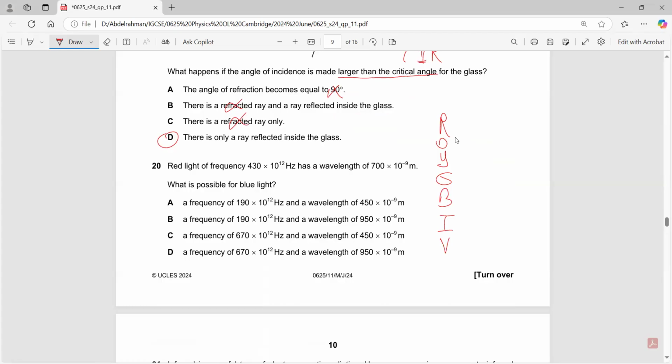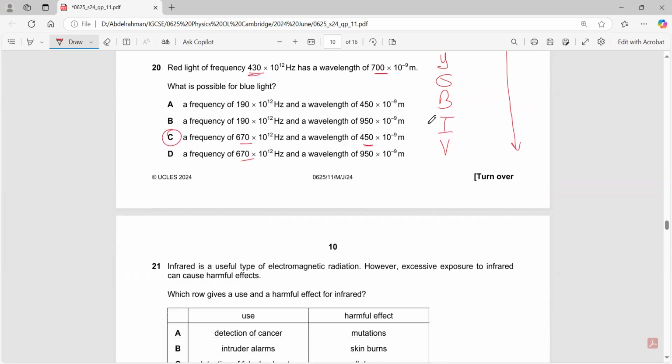We know that red has the longest wavelength and the least frequency. As you go downwards, the wavelength decreases while the frequency increases. So you need to increase the frequency and decrease the wavelength. Increasing the frequency, 670, decreasing the wavelength would be 450. Okay.